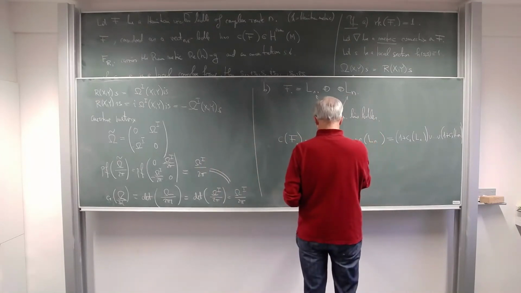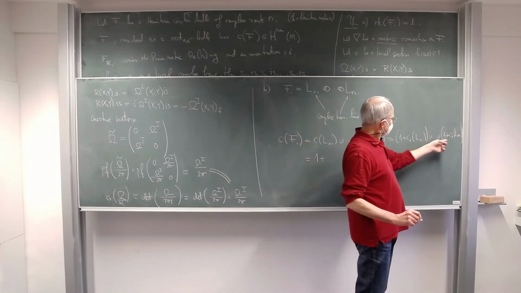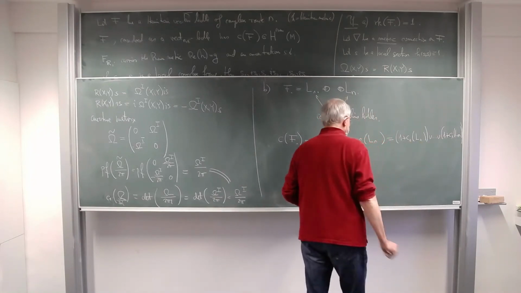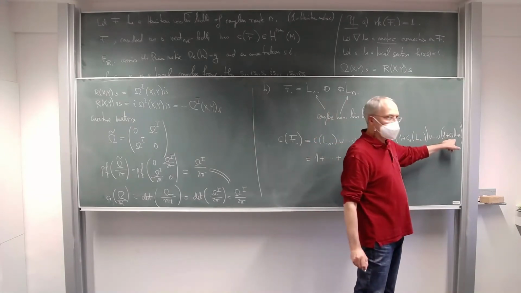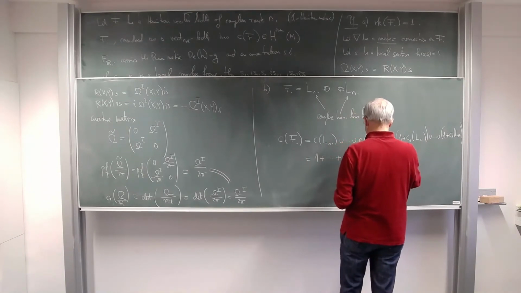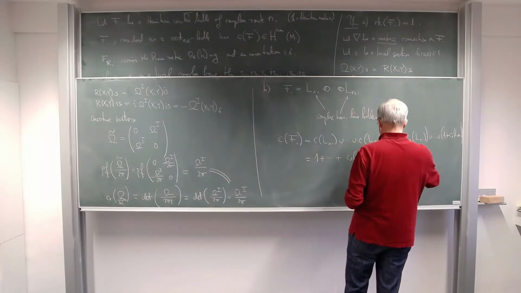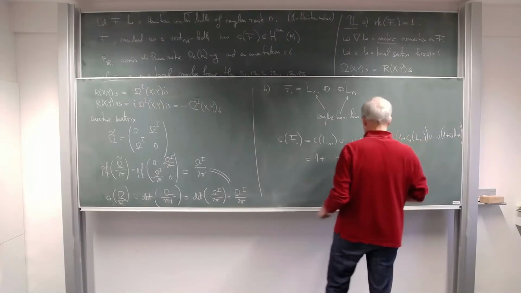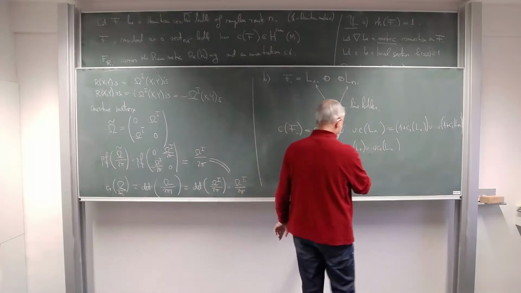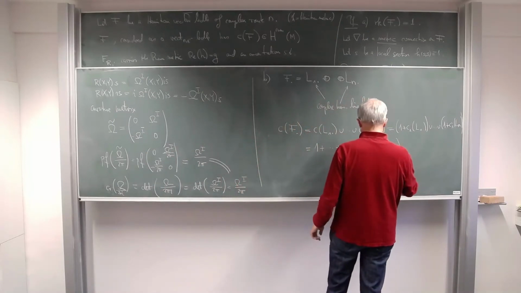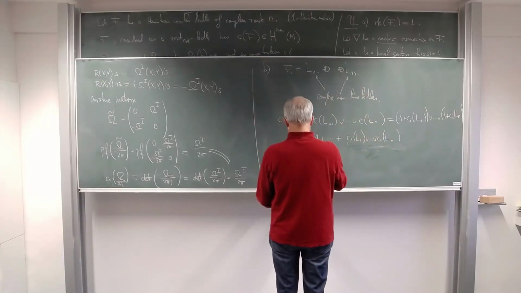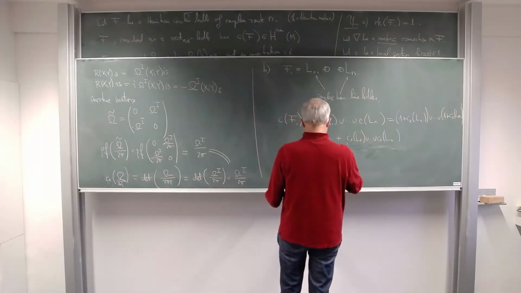So we get 1 plus, our first order term would be the sum of the c1s, but this is not our concern. The highest term that we can get is the product of these c1s. So that would be c1 of L1 times c1 of Ln. So that's the degree n part, right? That's the part in degree n. Or in other words, cn of F is the product of c1s.